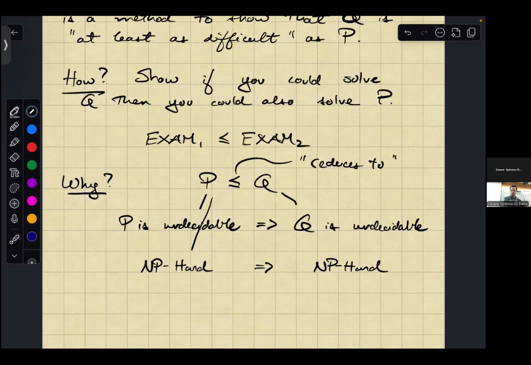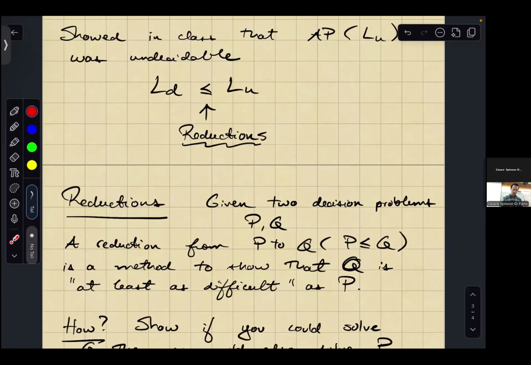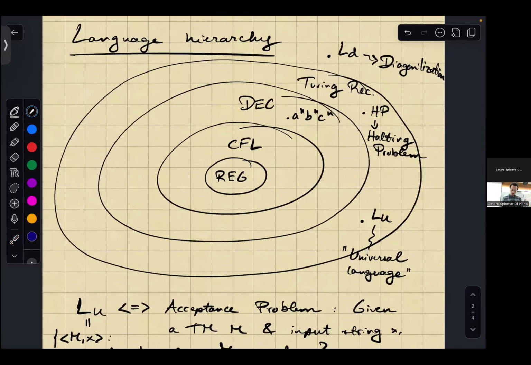Yeah? I think that P reduces to Q. Yeah. In the language hierarchy you show that P is like a subset of Q. Yeah, kind of. It doesn't necessarily have to be. So the question is, does this mean that P is a subset of Q, in the sense of how problems can be a subset of Q? It's not always the case because it's possible that you have two problems.